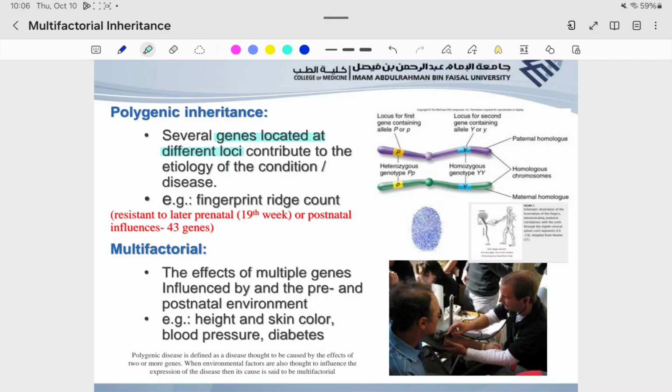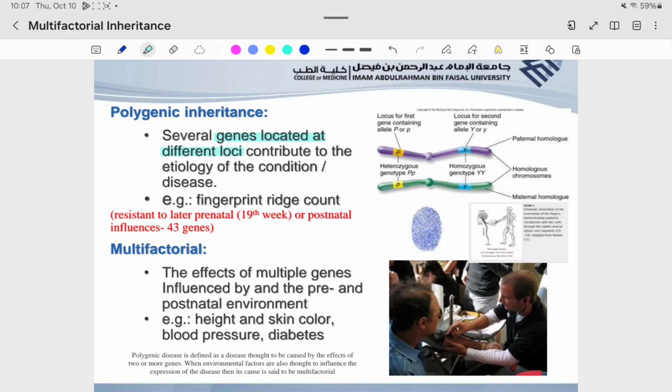So multifactorial means the effects of multiple genes influenced by pre- and postnatal environment, such as traits like height, skin color, blood pressure, and diabetes. Skin goes darker if you live in a sunny environment, lighter if you live in a cloudy environment.